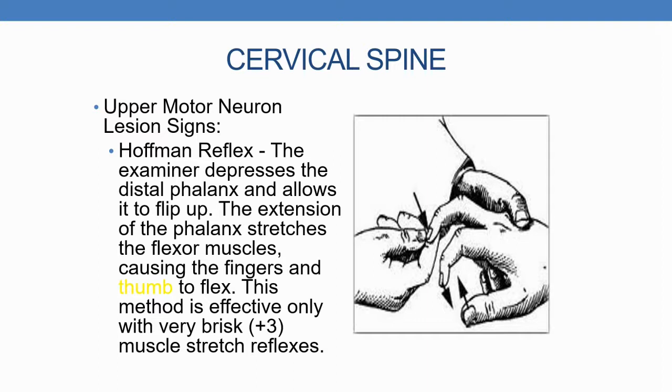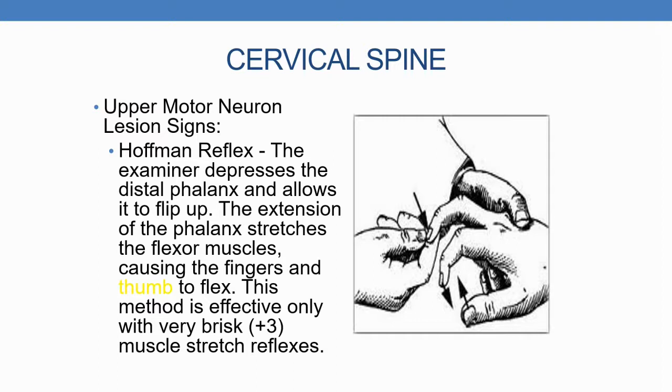And to elicit the Hoffman reflex, you, the examiner, take your examinee by the hand, and stabilizing the palm of the hand, you depress the distal phalanx of the middle finger and then allow it to flip up as your flicking pressure moves over the nail bed.